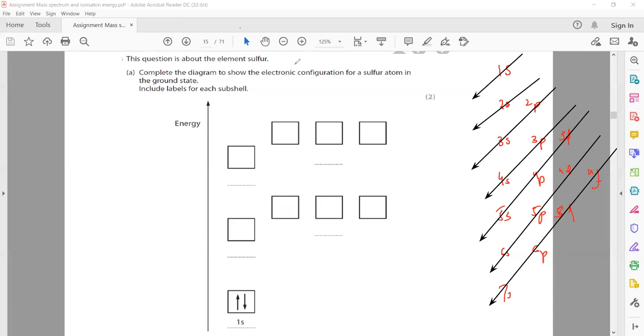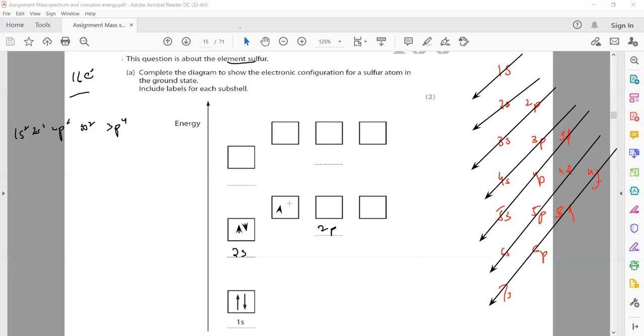So for the 16-electron sulfur atom they are mentioning, how are the 16 electrons arranged? It will be 1s2, 2s2, 2p6, 3s2. So we arrange up to 12, and then 3p4 will be there. So this is 1s. Then 2s will have 2 electrons, clockwise and anti-clockwise. Then the 2p subshell is divided into 3 orbitals, 2px, 2py, 2pz.